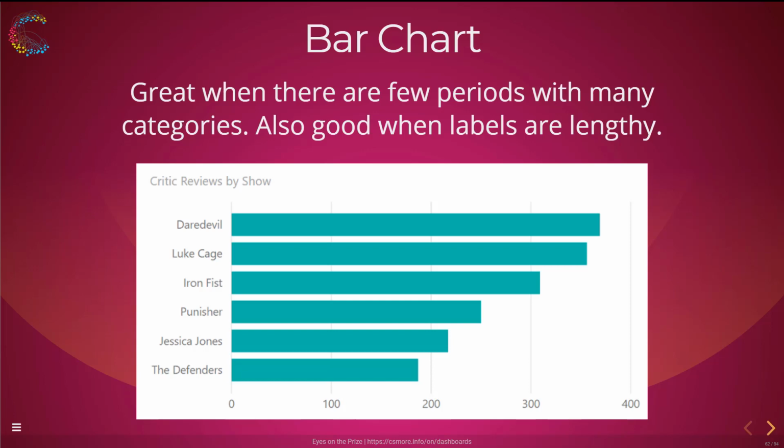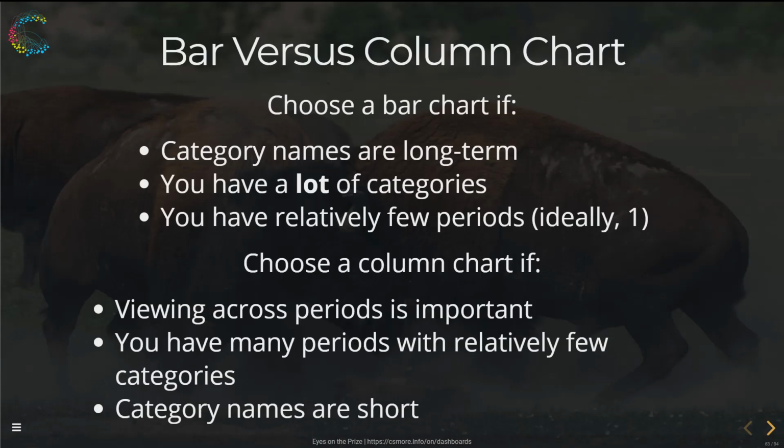This is a lot easier to read as a bar chart than it is as a column chart. Recapping. Choose a bar chart if your category names are long, you have a lot of categories, or you only have one period. A column chart is more useful when you're viewing across a series of periods with relatively few categories, and if those category names are really short, then you can get away with a column chart as well.